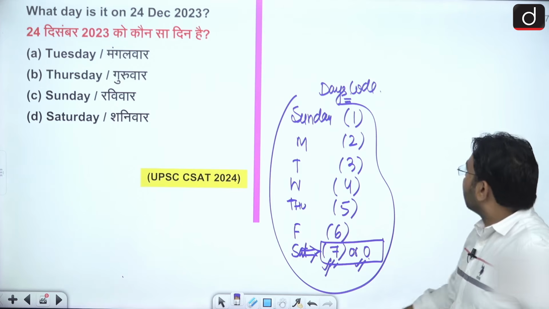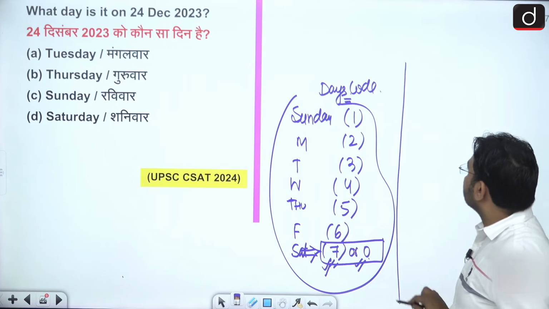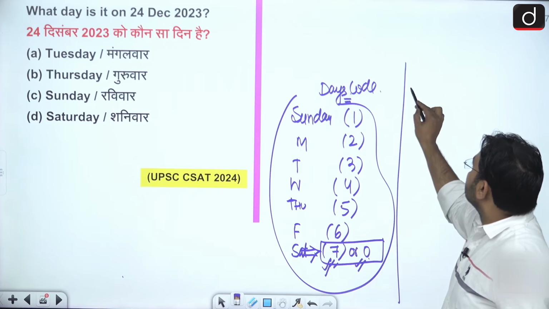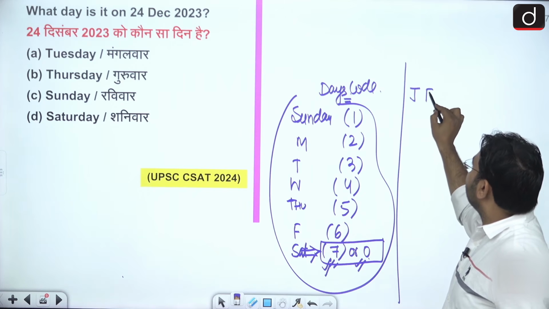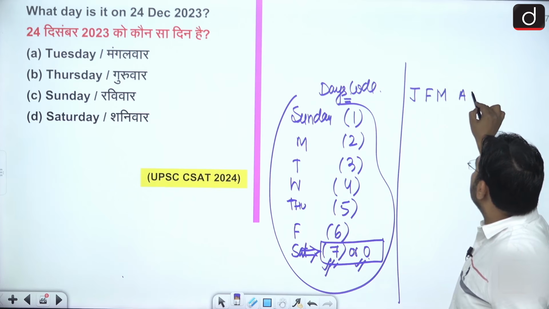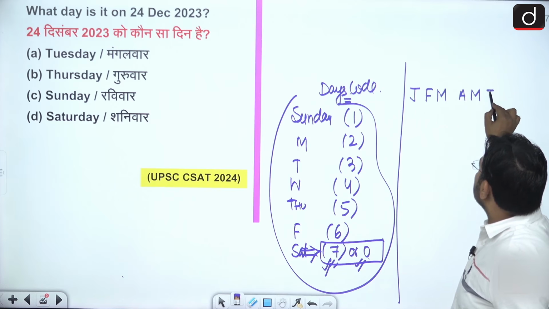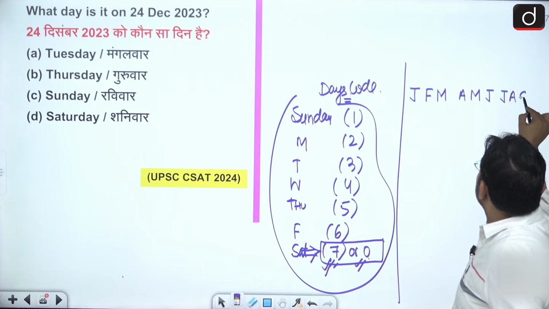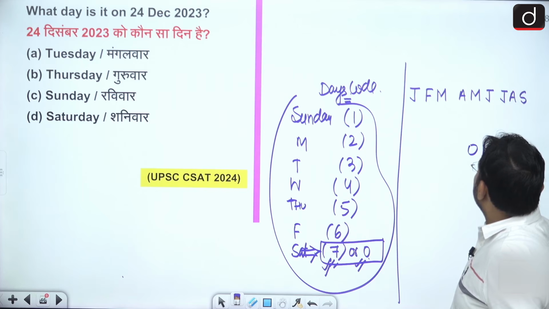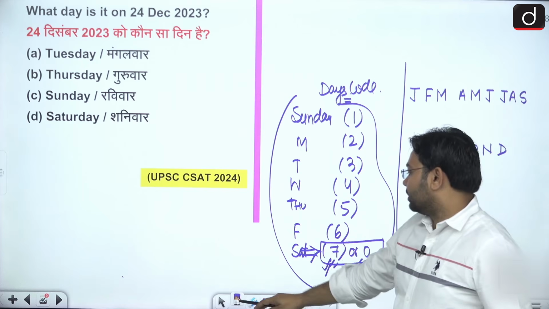Done. Now code for months. How many months? 12. Jan, Feb, March, April, May, June, July, August, September, October, November and December.